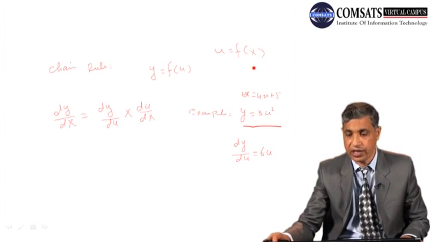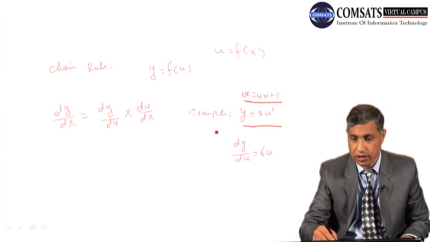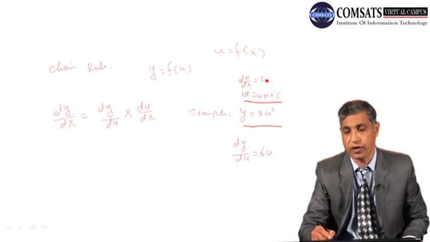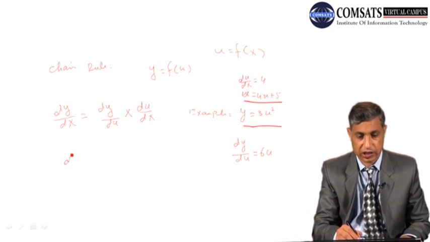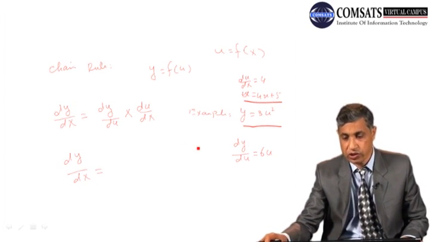And we can find the value of du over dx from the below function, which is 4. Now just putting the values into the chain rule, dy over dx is equal to dy over du, which is 6u, multiplied by du over dx, which is 4.